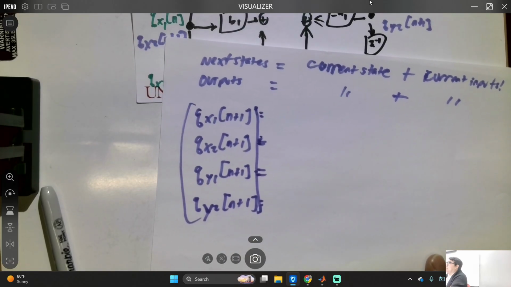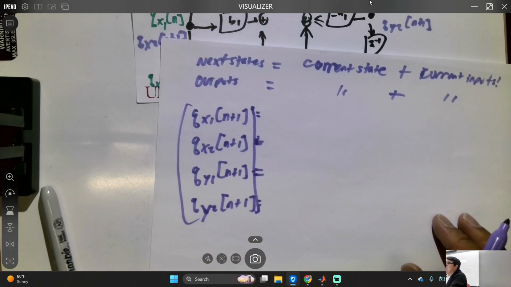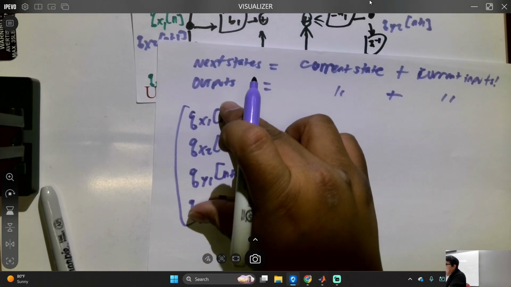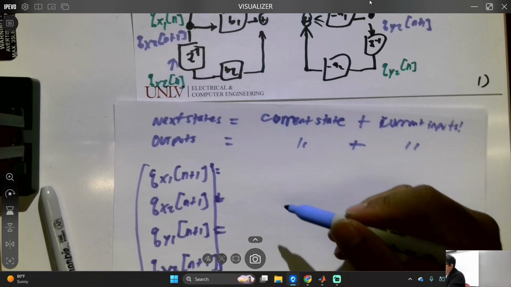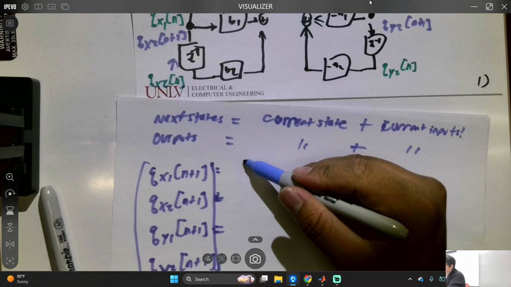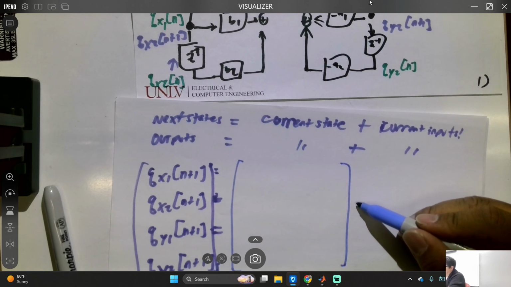Everyone see what I'm trying to do there? Because this right here is all my next states. This is a 4 by 1, which means our A is going to be a 4 by 4, correct? So let me just use this blue marker. So if I did this big marker right here, and then what's going to go over here?